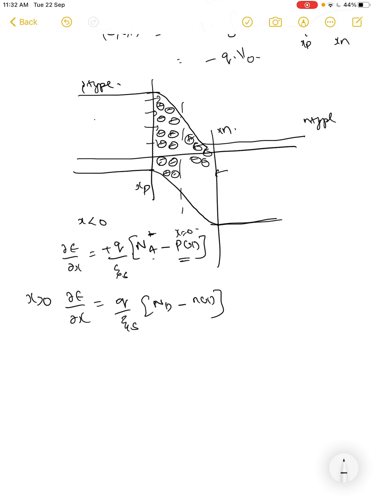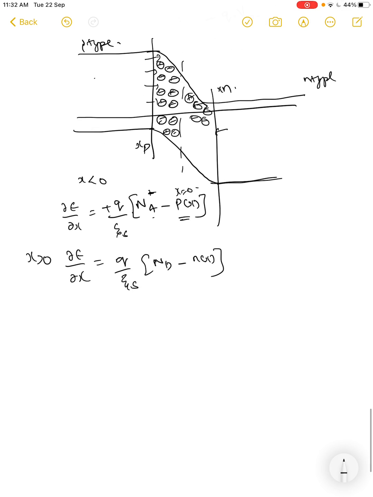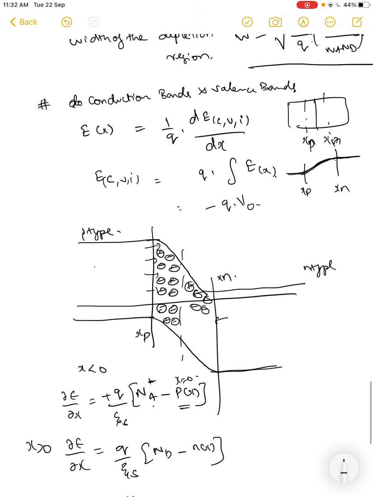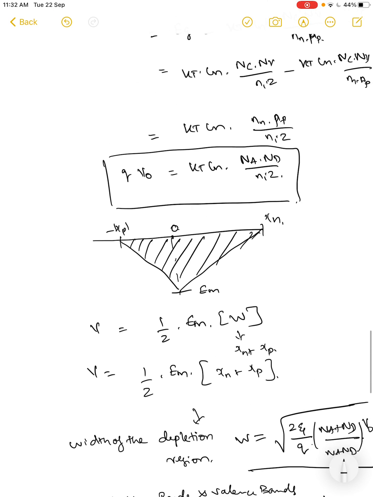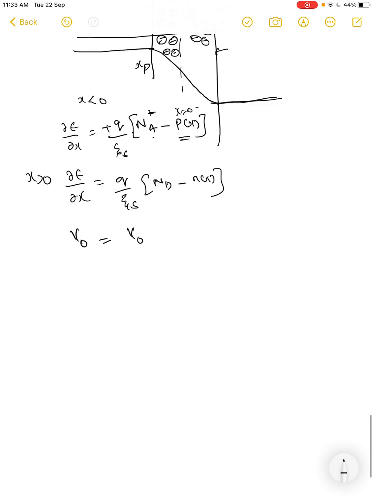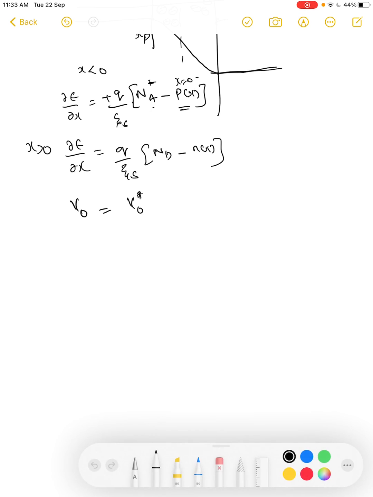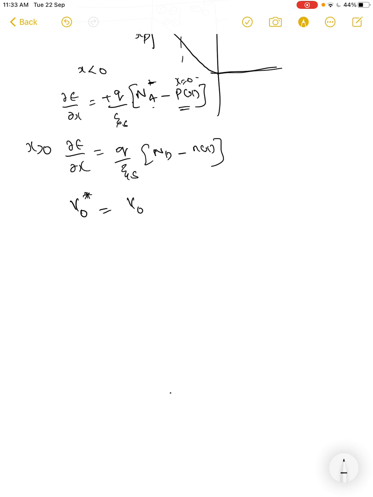Now if we make these two modifications to the theory we saw, your actual built-in voltage V0 will change such that it is the V0 previously calculated, kT by q ln of NA ND by ni squared, let's call it V0 star, which is a more reasonable number, minus 2kT by q.